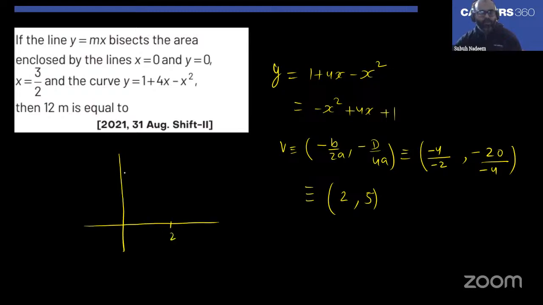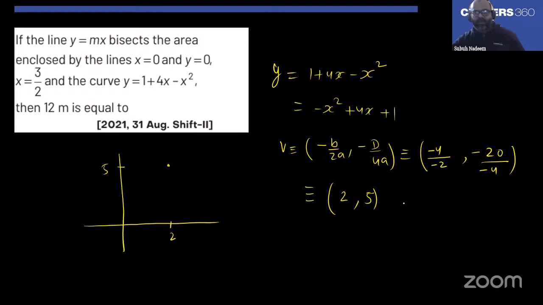This is 2, this is 5, this is the vertex. And we can also see whether (0, 0) is lying inside it or outside it, because when we put x equal to 2, y equal to 0, so what happens? For x equal to 2, y is 0.